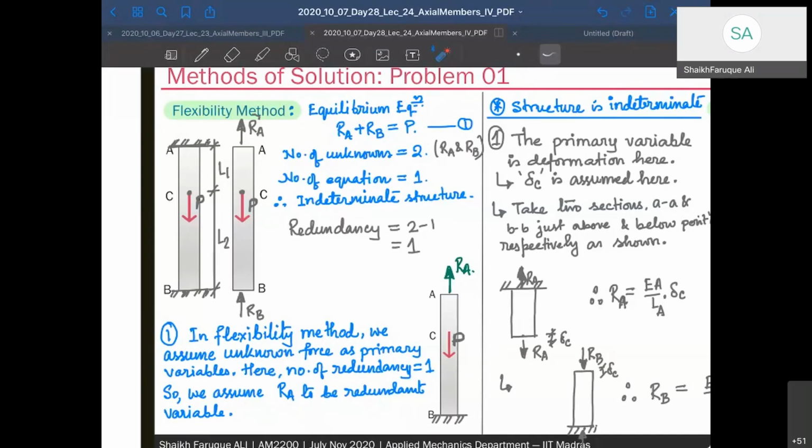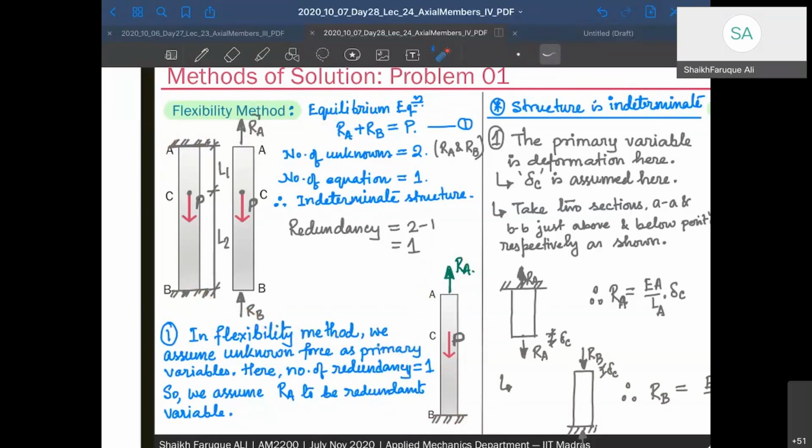So I have removed this, and when I remove this, I have to put RA here because I cannot just remove the boundary, I have to put the force that was there. So this part has been made free and there is an RA force acting here, and this is the boundary here. That is fixed. So this problem has been reduced to this problem. Now look at this problem.